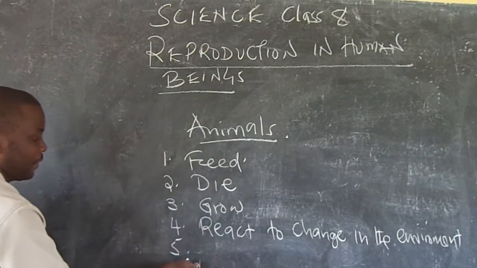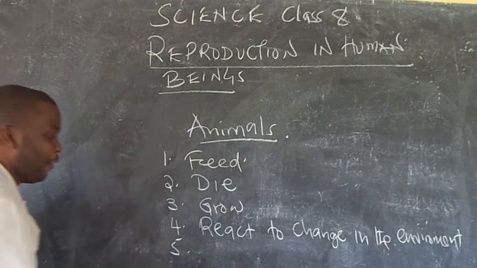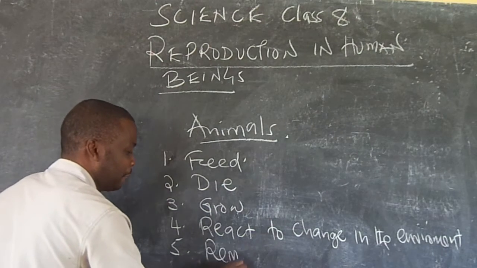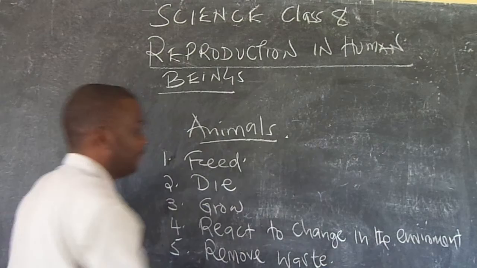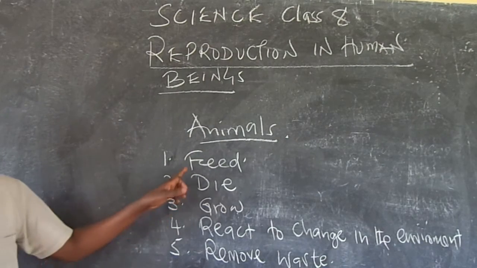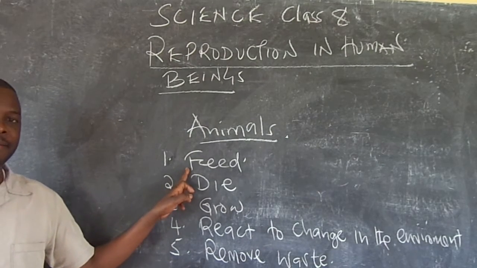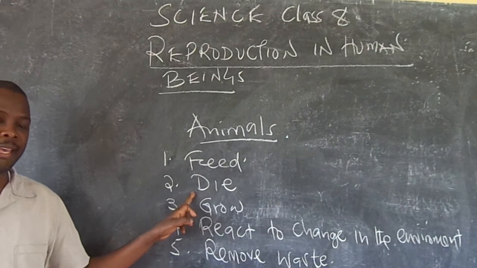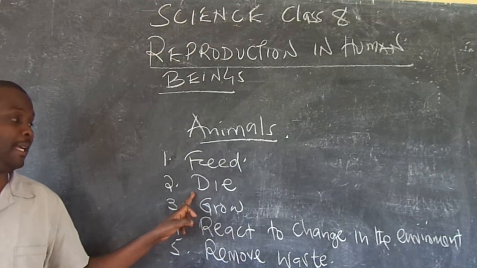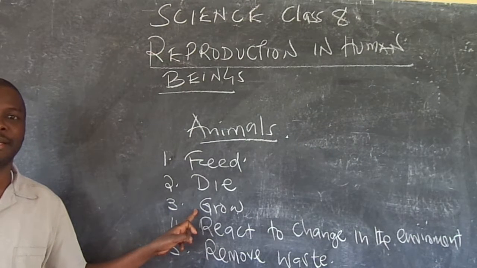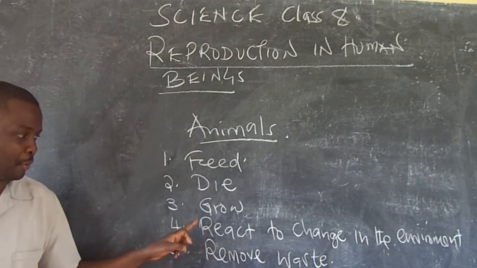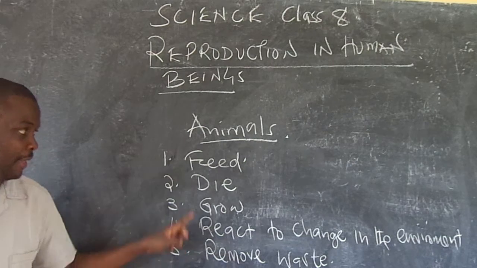Number 5, and then we say all animals remove waste. All animals remove waste. They feed, they eat something, they die. Eventually all animals will have to die. They grow from childhood, then to adulthood, and then to old age, and then eventually die.